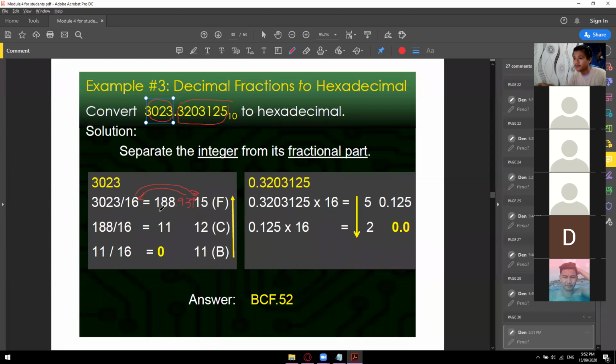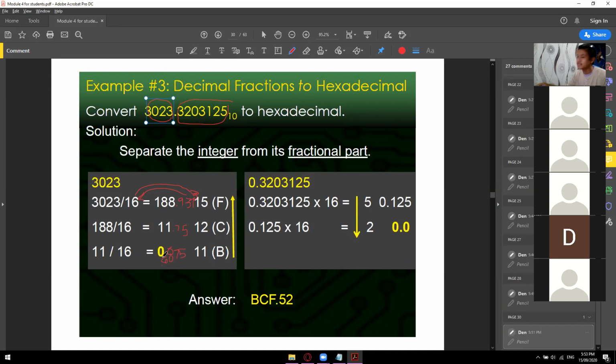Okay, and then 188 divided by 16 is 11 point something. 11.75, sir. So 0.75 times 16, you will get 12. And in hexadecimal, 12 is letter C. Then 11 divided by 16 is 0 point something. 0.6875, sir.